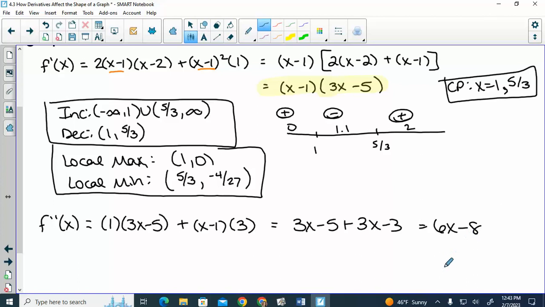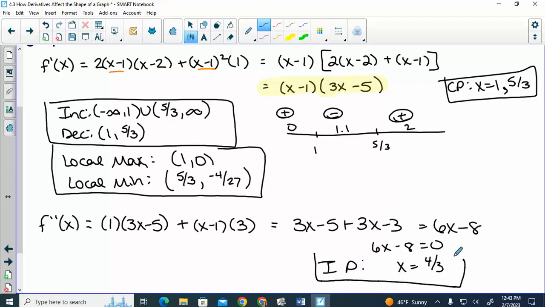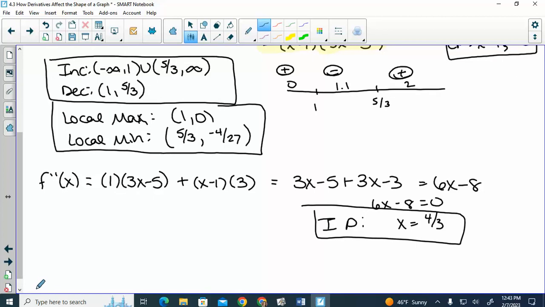So it's 6x minus 8. So inflection point is when this equals 0. So we get 8 over 6, which is 4 thirds. To distribute this 3, 3 plus 3 is 6.